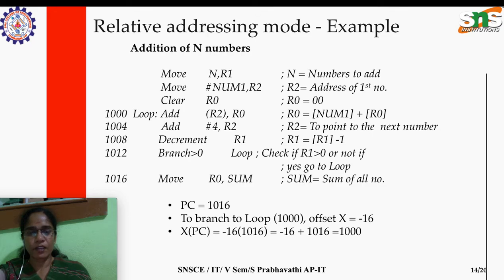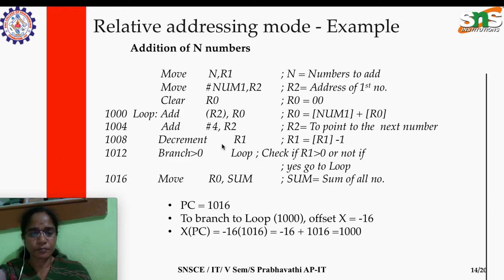Then the total count is decremented and we check the branching. For explanatory purposes, I have given the loop location as 1000, the next line as 1004, likewise. From this itself you can see that memory is 4-byte addressable.